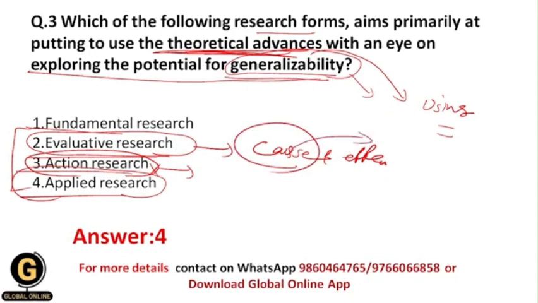We evaluate what the amount of the cause is and what the effect of that amount of cause is. This is nothing but evaluative research. Fundamental research, that is pure research or basic research, I have told you earlier in this video. So the correct answer for this question is 4.